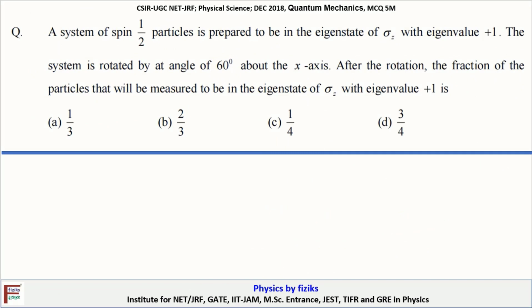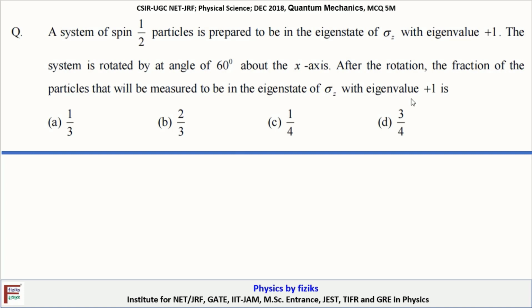A system of spin half particles is prepared to be in the eigenstate of sigma z with eigenvalue plus 1. This system is rotated at an angle 60 degrees about the x-axis. After the rotation, the fraction of particles that will be measured in the eigenstate of sigma z with eigenvalue plus 1?